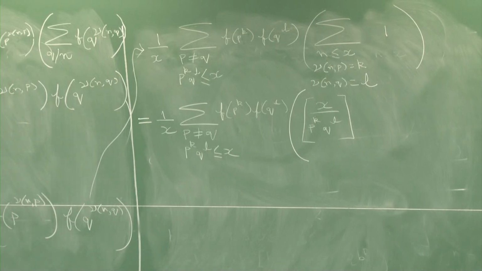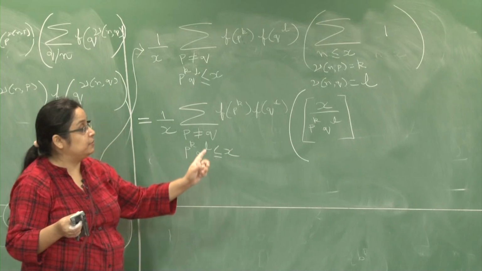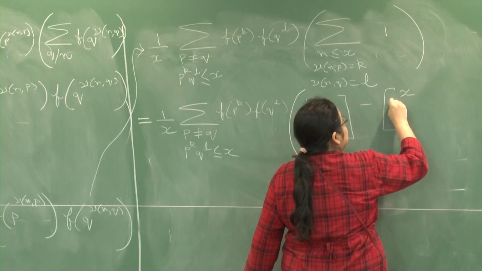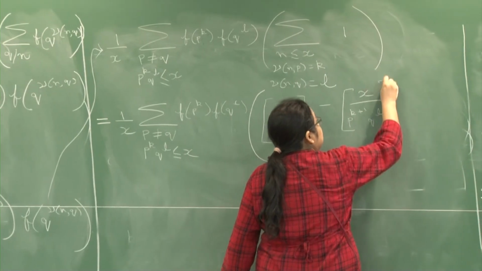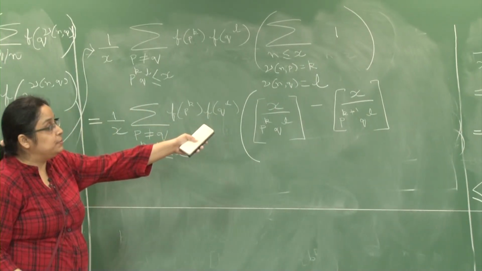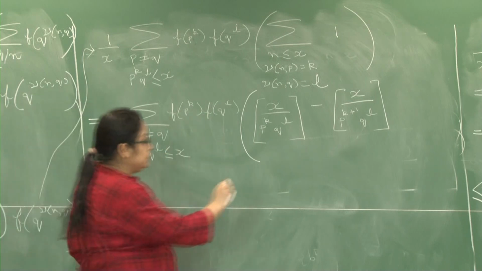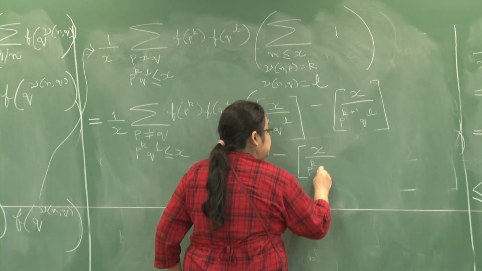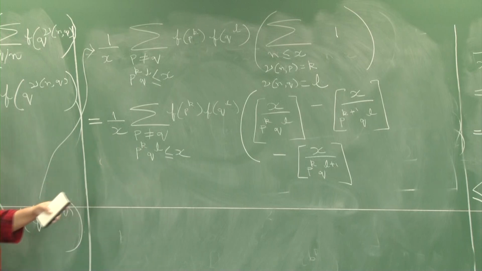But you have to take away those multiples, those numbers which are multiples of p to the k plus 1 times q to the l. So, you have to remove the box, greatest integer of x over p raised to the k plus 1 q to the l. Similarly, you also have to remove all possible multiples of p to the k times q to the l plus 1, minus x over p to the k times q to the l plus 1, but then you may have taken away some terms twice.